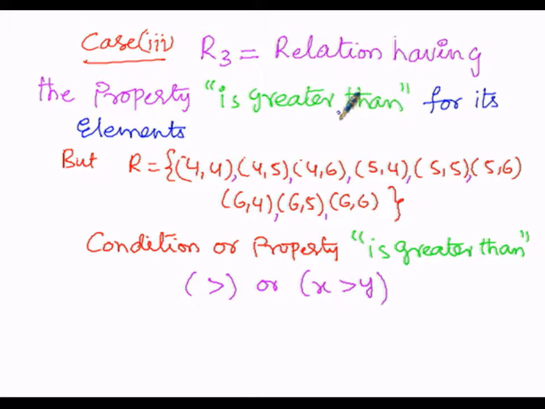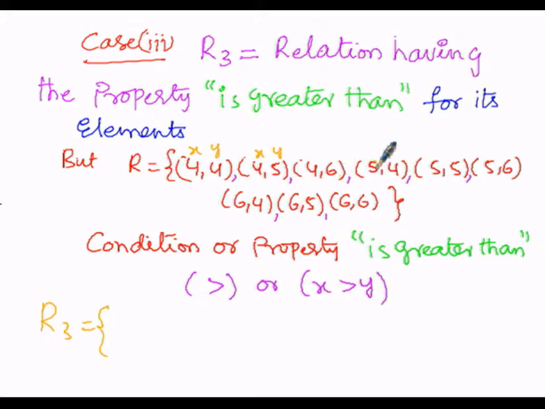In the first ordered pair x is 4 and y is 4, so x and y are equal, and it does not satisfy x greater than y. In the second, 4 is less than 5, so the condition does not hold, and 4, 6, 4 is less than 6.